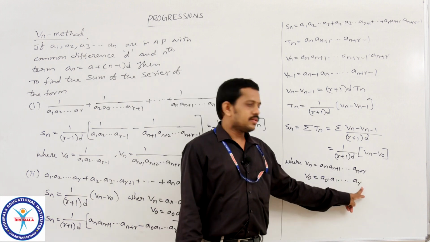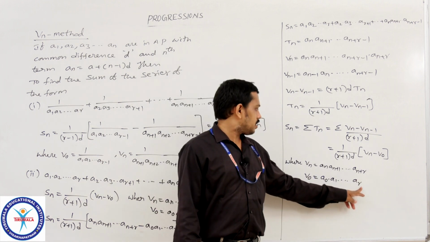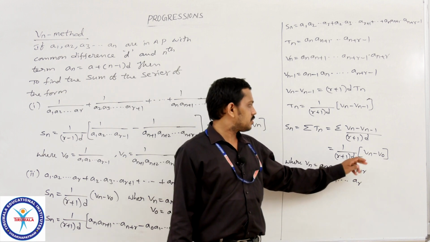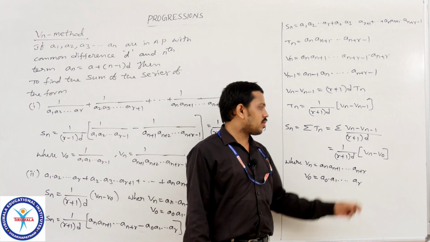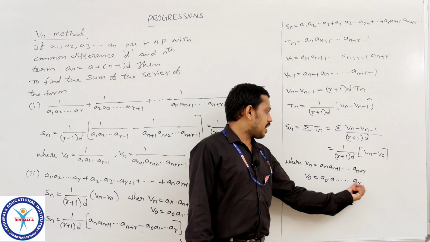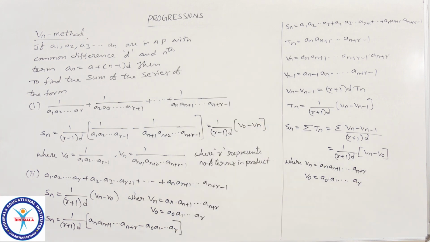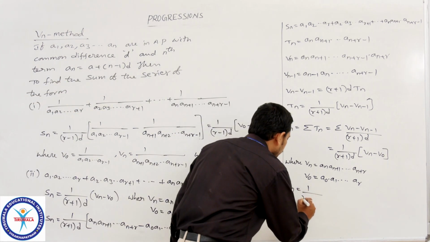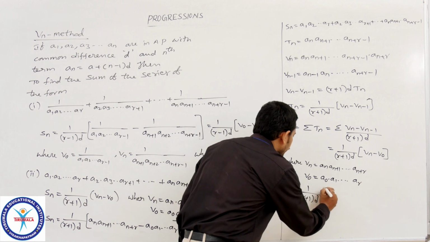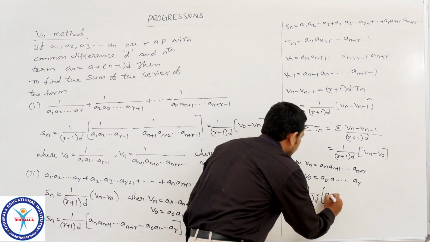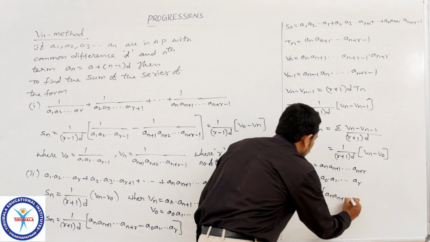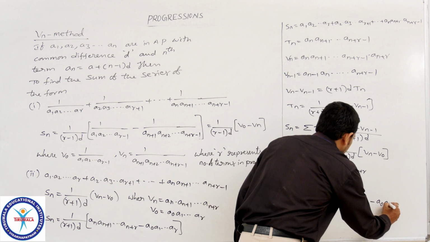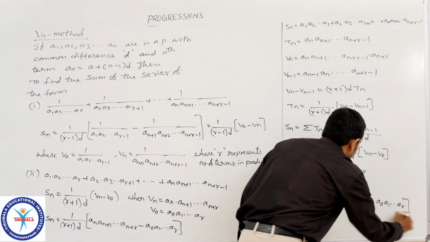Here, r is the number of terms in the product, and d is the common difference of the terms. Therefore Sn is equal to 1 by (r plus 1) into d into (an plus 1 and so on an plus r minus a naught a1 and so on ar).